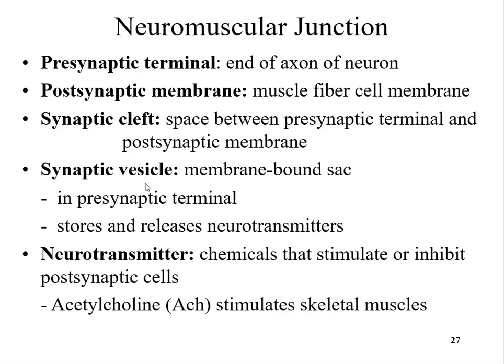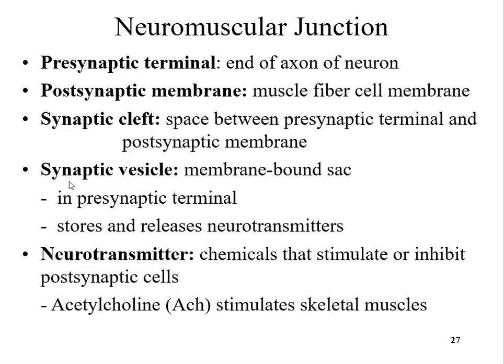In that presynaptic terminal, we'll see special vesicles called synaptic vesicles. Remember, a vesicle just means a small membrane-bound sac that has something in it. It's just called a synaptic vesicle because that's its location. It's found here at the synapse. It's the only place it's found.